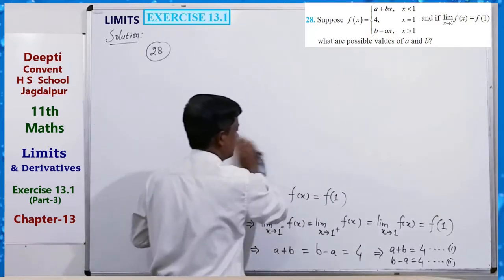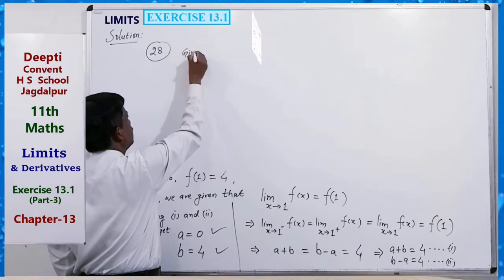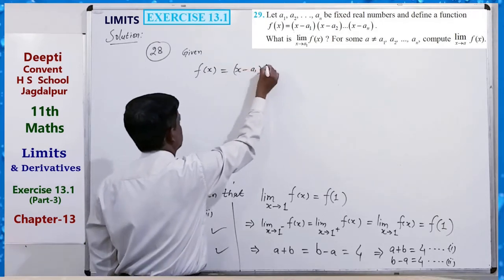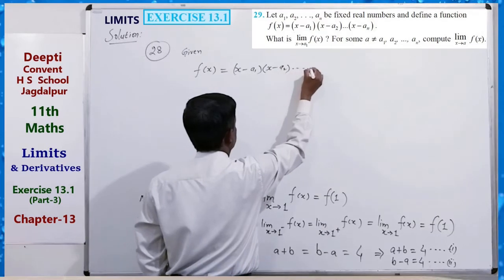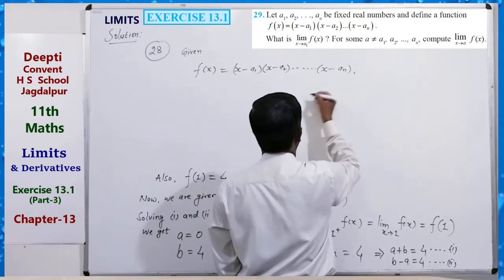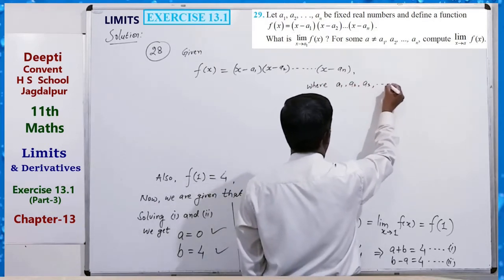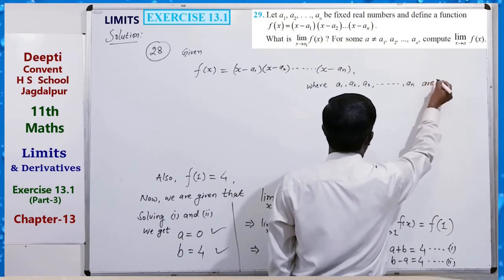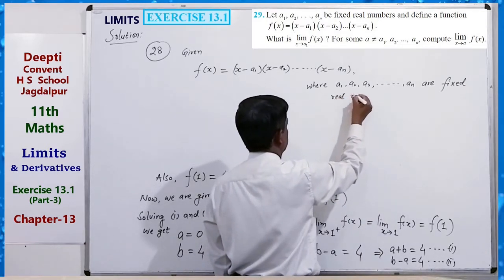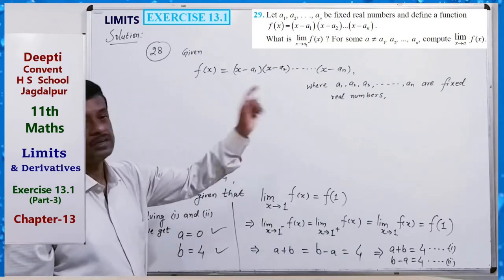Given function is what? Given f(x) equals (x minus a1)(x minus a2) up to (x minus an), where a1, a2, a3, up to an are fixed real numbers.